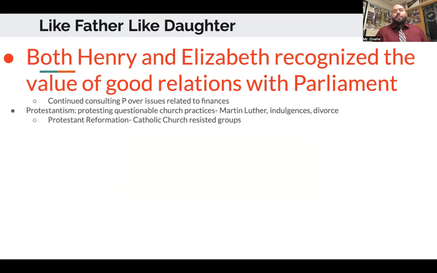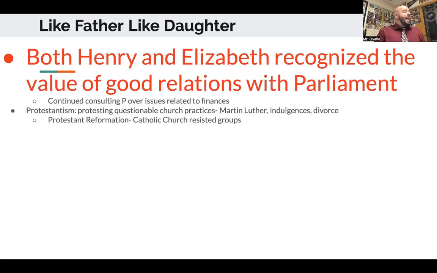Like father, like daughter, both Henry and Elizabeth recognized the value of good relations with Parliament. They continue to consult Parliament over issues related to finances and wars. And again, Protestantism, protesting questionable church practices. We got Martin Luther in Germany posting his 95 Theses, saying that the church is wrong for selling indulgences.